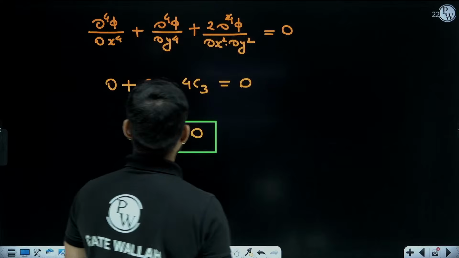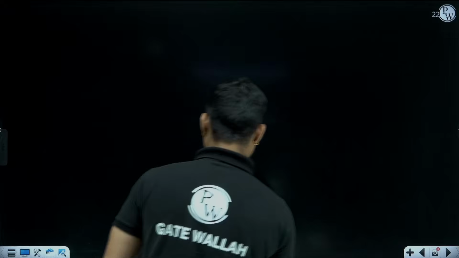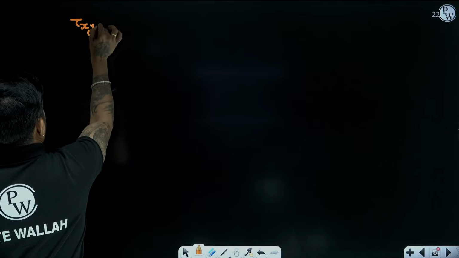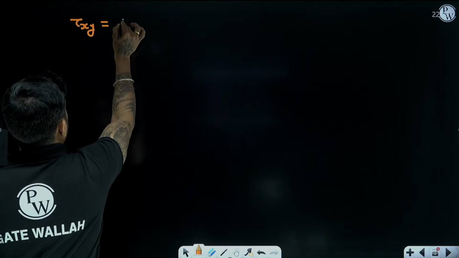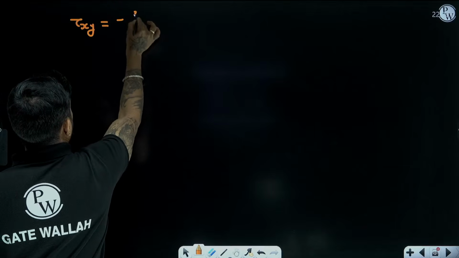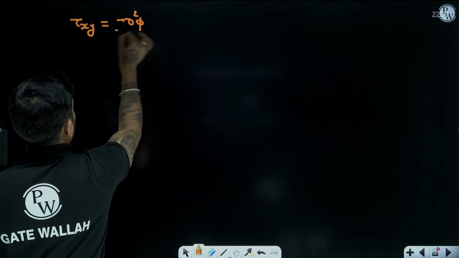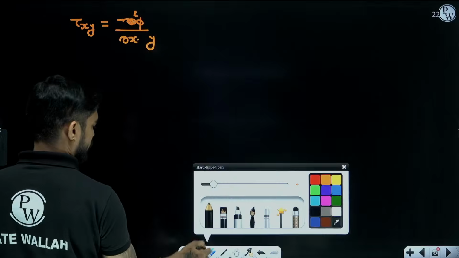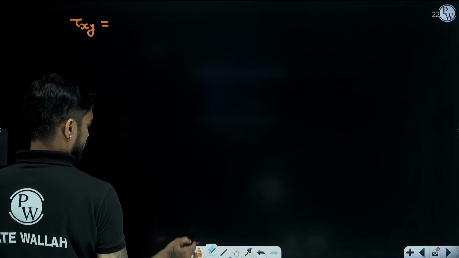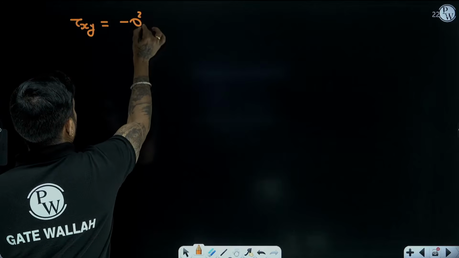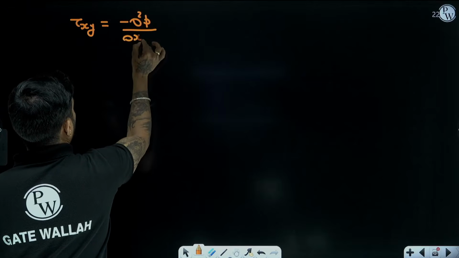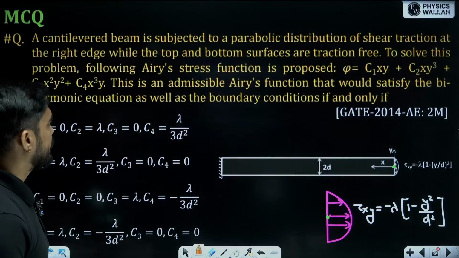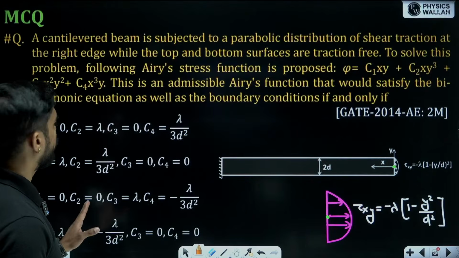So let's find tau xy first. What is tau xy? Tau xy is minus dou square phi by dou x dou y. Okay, so C3 and C4 have become 0.